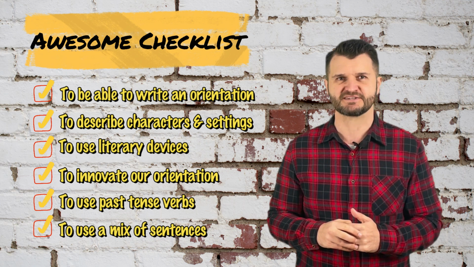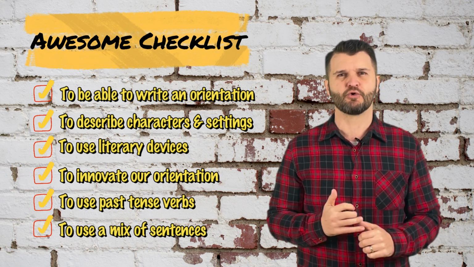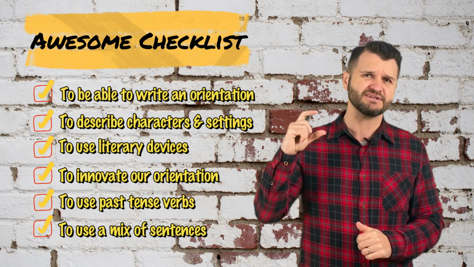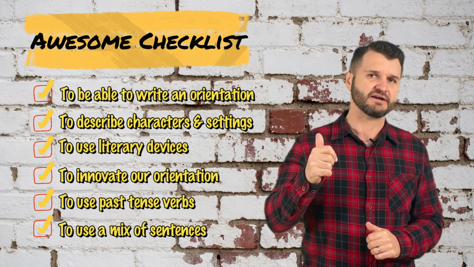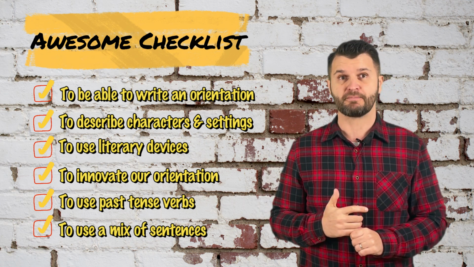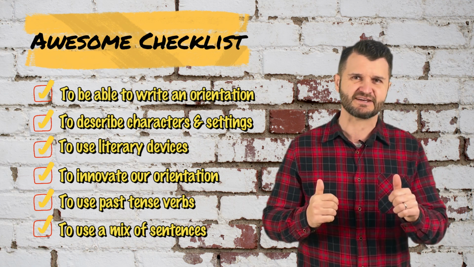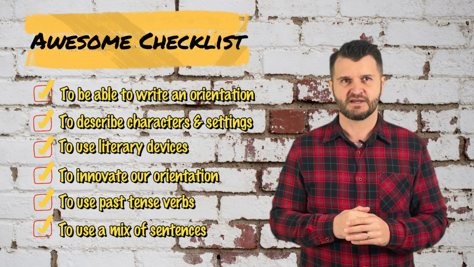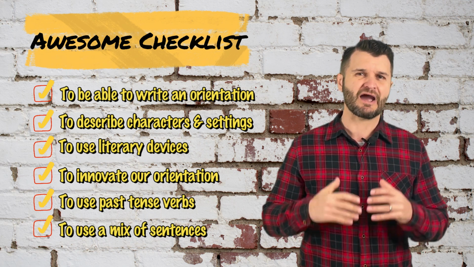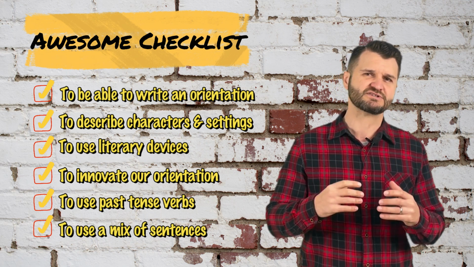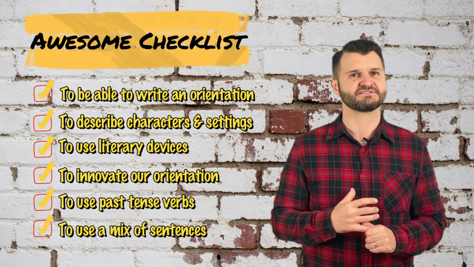All right, now it's time for a recap of the learning objectives we set ourselves at the beginning of this lesson. Give me a thumbs up if you were able to write an orientation paragraph today. Give me another thumbs up if you now know that an orientation describes the characters and the setting within a text. Give me another thumbs up if you're able to use some of those awesome literary devices.